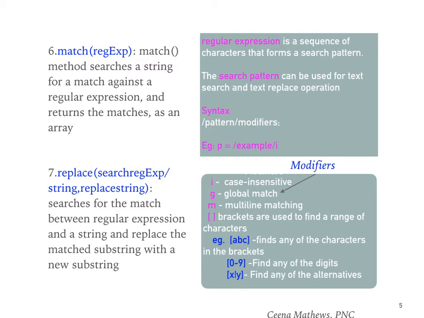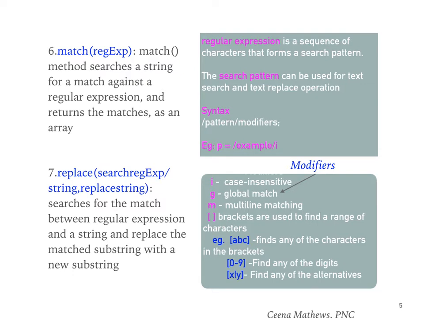Okay, and you can see the syntax for this search pattern. You give the pattern within slashes. No quotes are used here. You have to use the pattern within the slashes, and you can also use modifiers here. In the second colored rectangle, you can see the modifiers given.